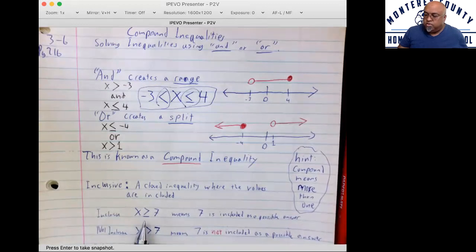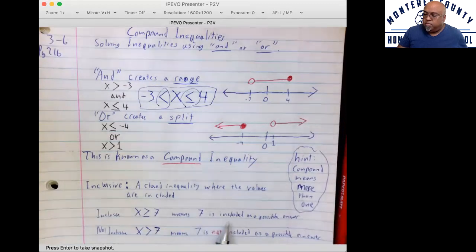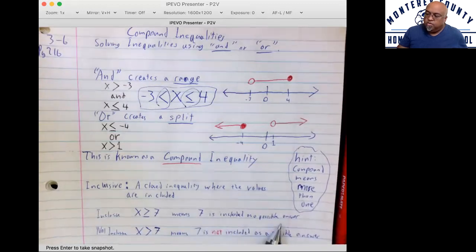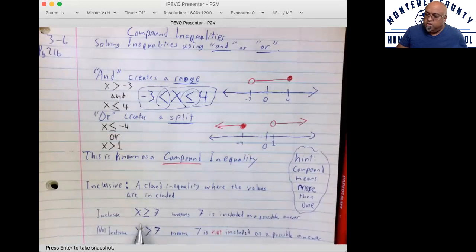X is greater than or equal to 7 means that 7 is included as possible answers. So for example, if I know that x is greater than or equal to 7, then I can start and say 7, 8, 9, 10, 11, and so on would all be possible solutions or answers.